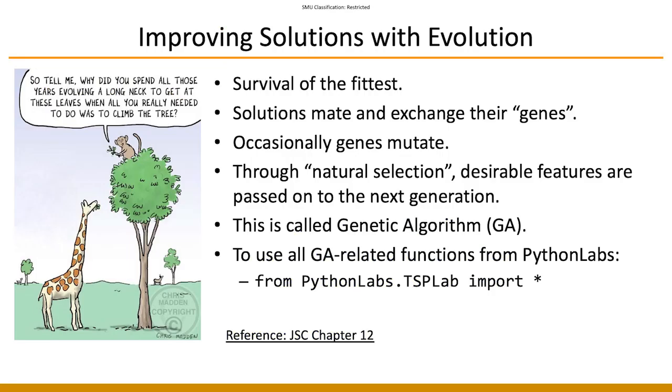The final method that we're going to introduce for today is called genetic algorithm. As the name suggests, you can see that it's actually based on biology, and in particular, the theory of evolution. So the solutions we have in our optimization problem are being treated as if they are individuals.